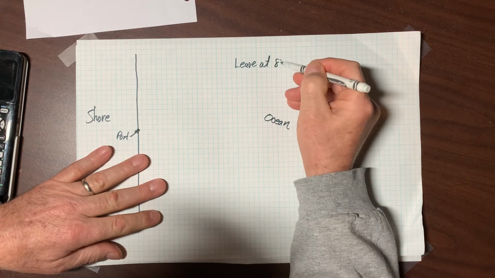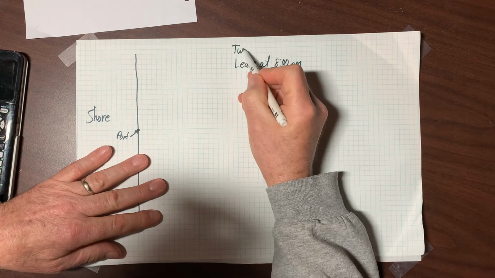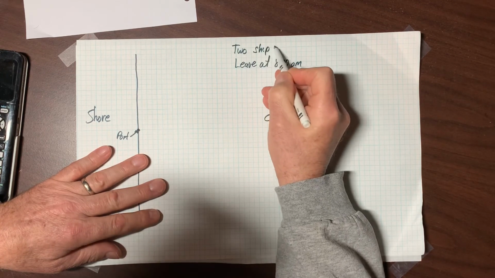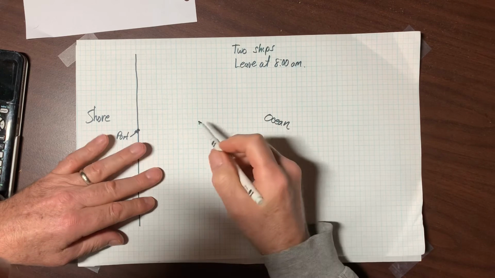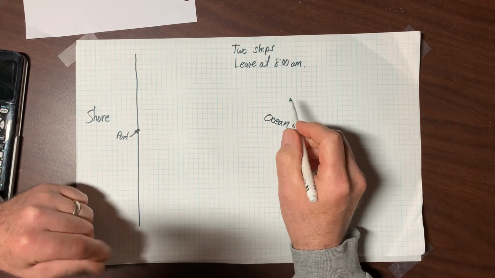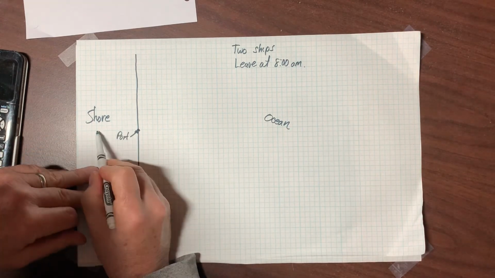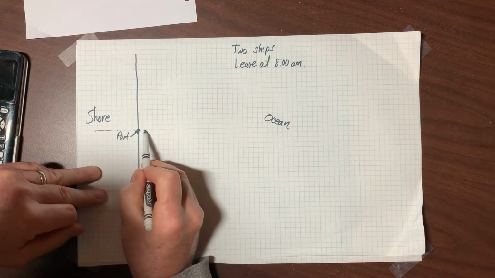The 2 ships leave port at 8 a.m. Now, one ship travels in a direction of 70 degrees. So let's just kind of put our x-axis here.